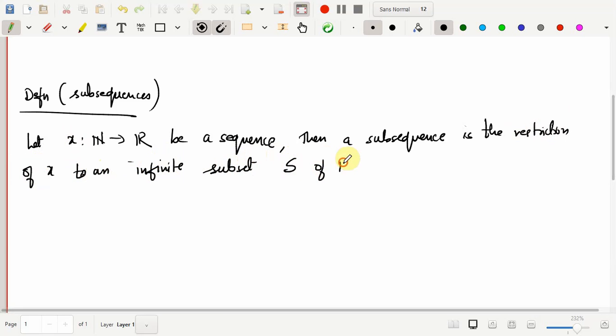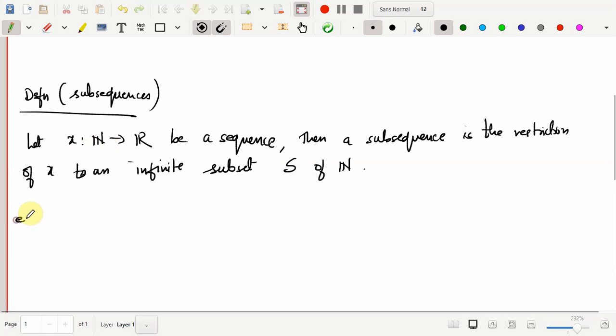Basically, instead of the domain N, you can have any subset S as the domain of the given function.